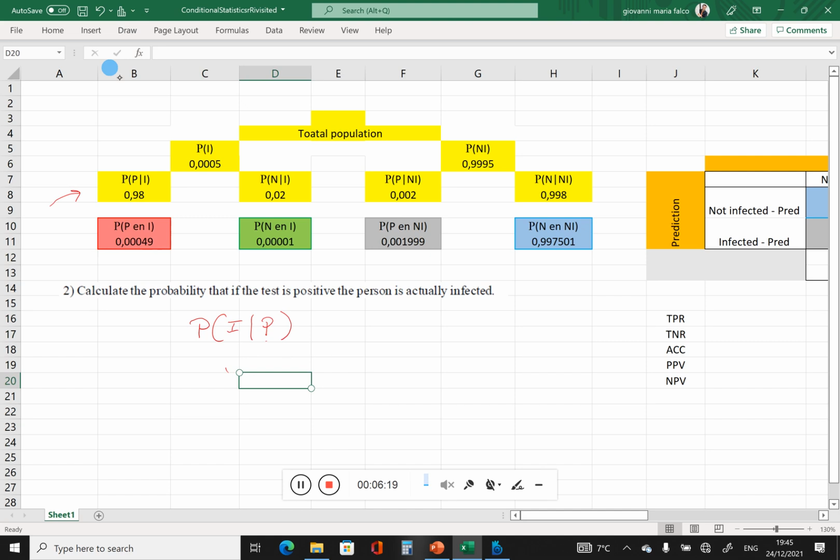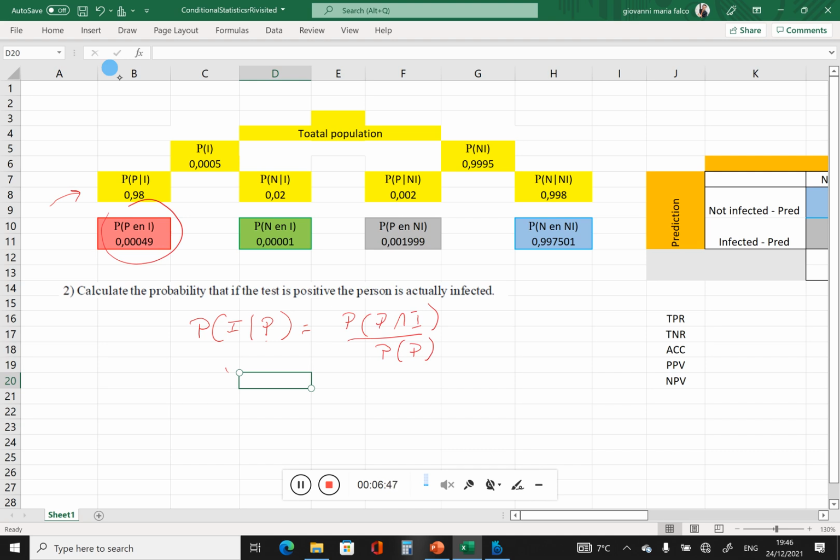So we can calculate this by means of Bayes formula, because then you get this equal to the probability to be positive and infected divided by the probability to be positive. Okay, and the probability to be positive and infected, we have it here. So this is in the numerator, and then in the denominator we have to consider the total probability to be positive.